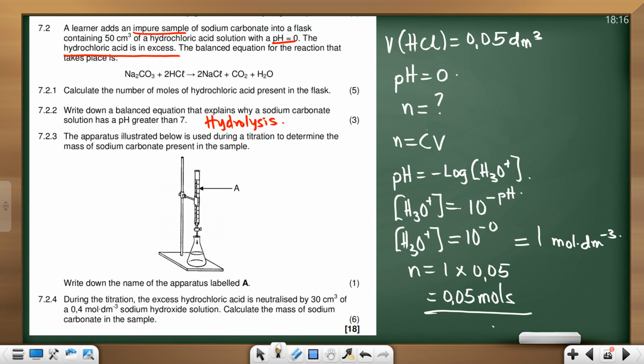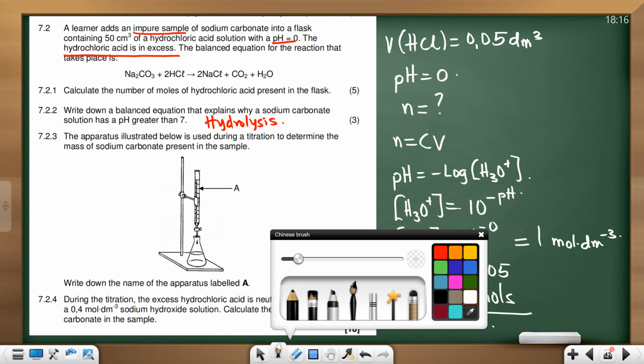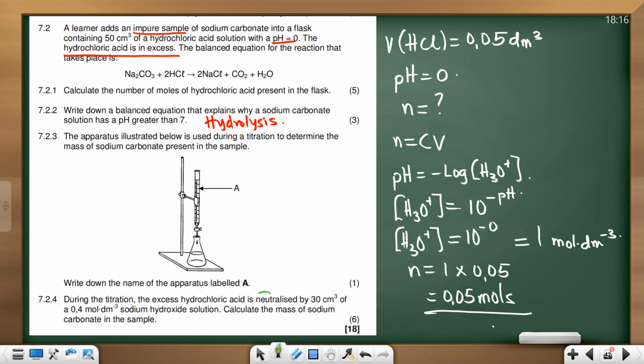Now, 7.2.4. During the titration, the excess hydrochloric acid is neutralized. Watch this. There's a keyword I'm looking for here. The excess hydrochloric acid is neutralized by 30 cm³ of 0.4 moles per dm³ sodium hydroxide. Calculate the mass. Wait, let's follow the sequence. The excess hydrochloric acid.